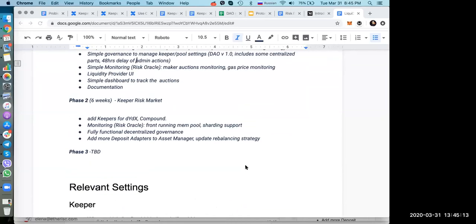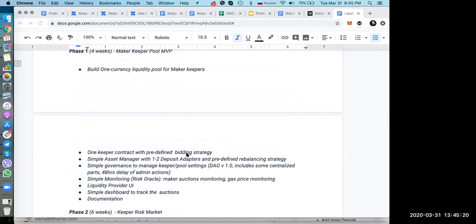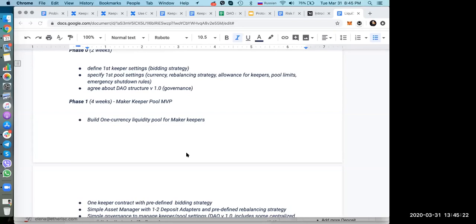The third phase is under discussion, so feel free to provide your ideas, as well as for the first 2 phases.